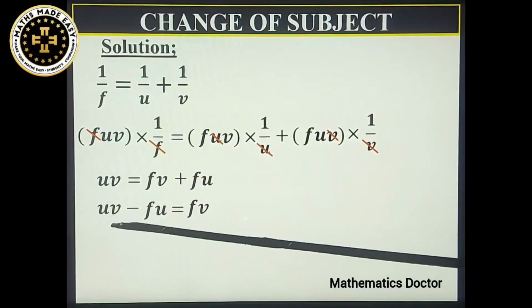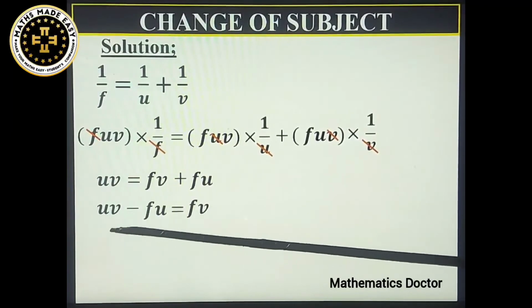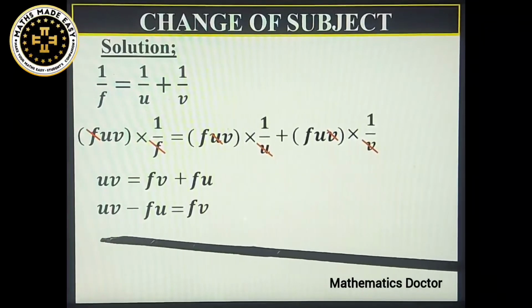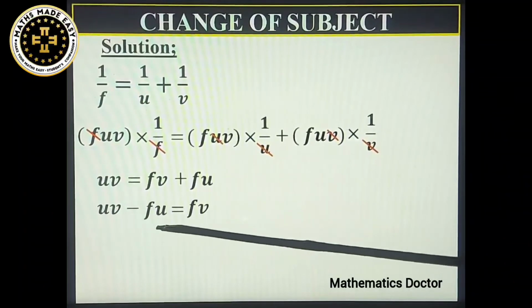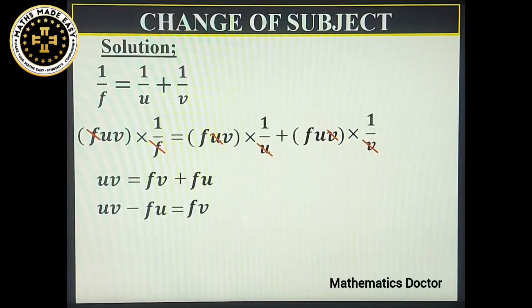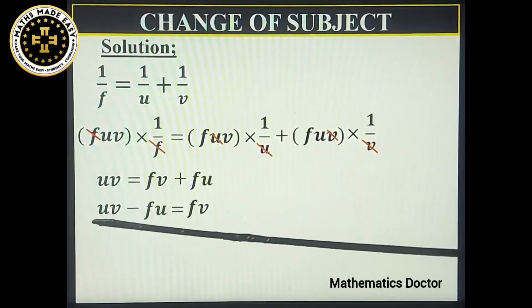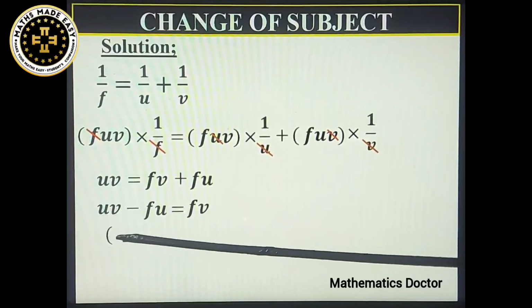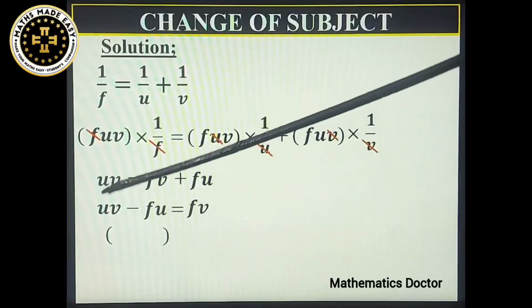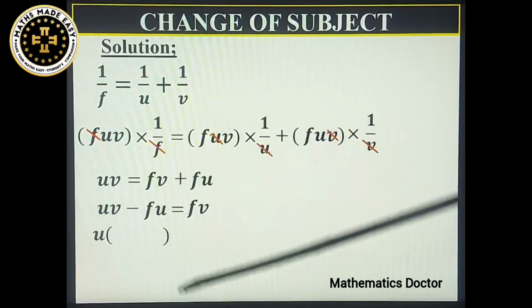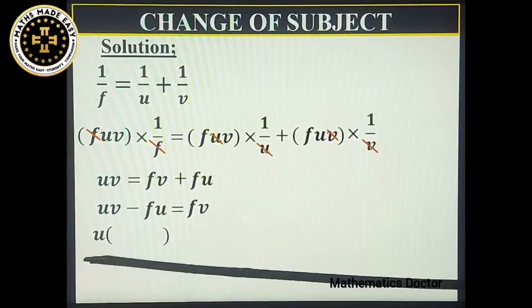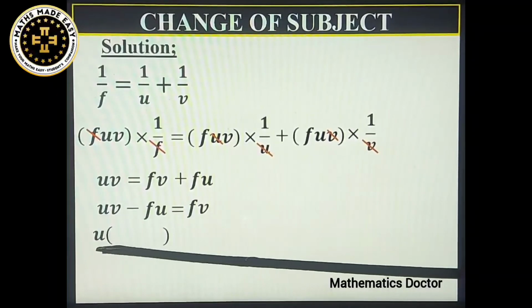Now all u have been grouped to one side, or the left-hand side of the equal sign. So the terms containing u, which is uv and fu, are now in place. The next thing we have to do is factorize a common term u out. So let me bring the bracket. Now u is a common term, so u will be factorized out this way. So u out. Now once u comes out, factorization has made u a single term.